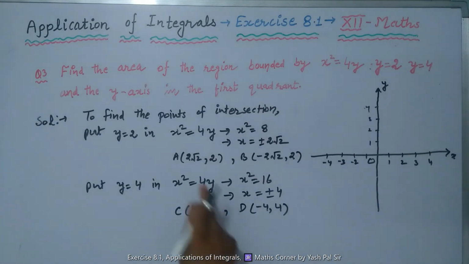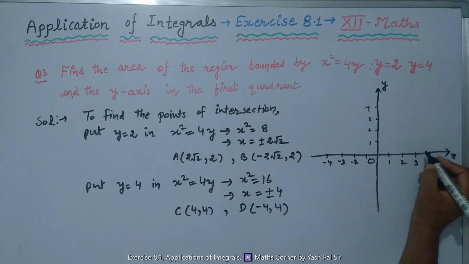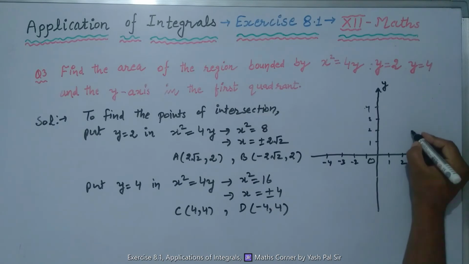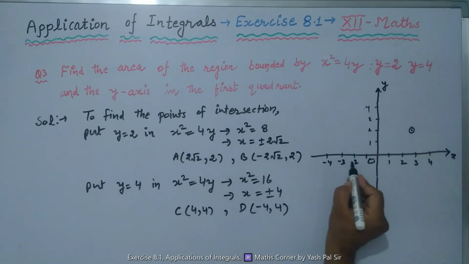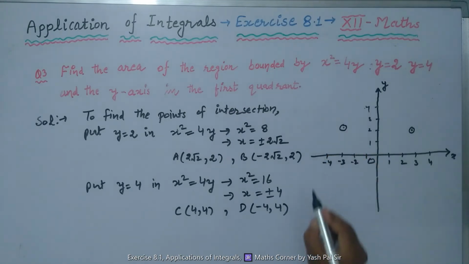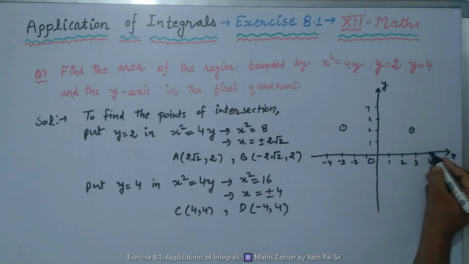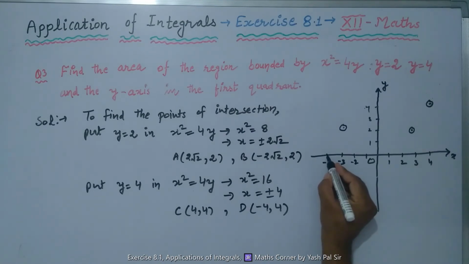So first of all the very first point of intersection is x is 2 square root of 2 comma y is 2. So this will be somewhere here, then y is 2. So this will be the point A. Second time, similarly we shall have this point B point, C 4 comma 4. This is the D point, minus 4 comma 4.